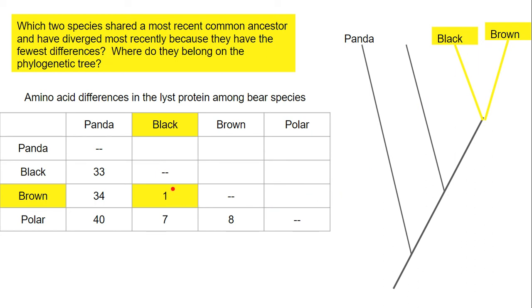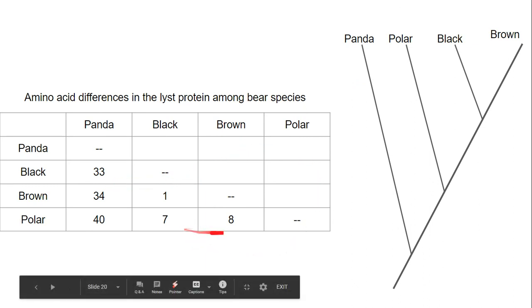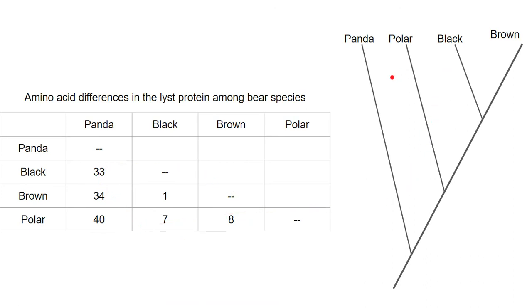Okay, and then polar goes in the last spot, because that's where it goes. And that's how we use this molecular data to try and understand and make hypotheses about phylogenetic trees and the relatedness of species. So hopefully that's helpful.